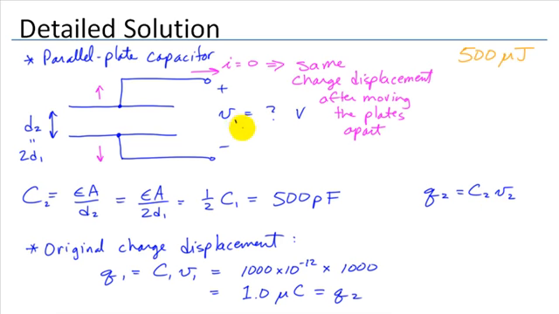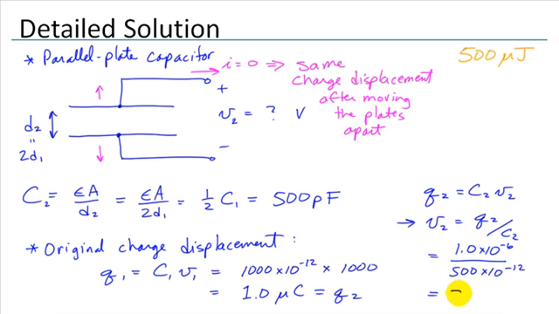Our new voltage is V2. The new charge displacement, of course, is the same. Nothing's actually changed. So we have 1 microcoulomb, and we divide that by the new capacitance that we calculated a moment ago, which is 500 picofarads. This gives us a new voltage of 2000 volts.